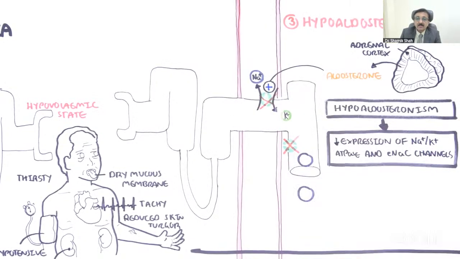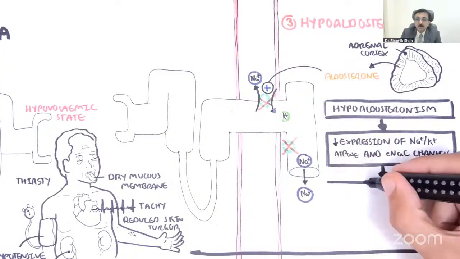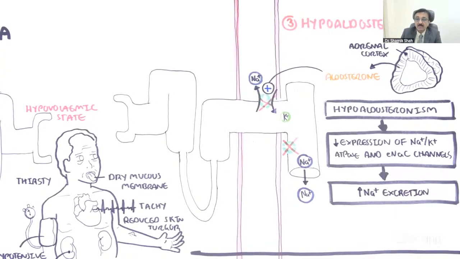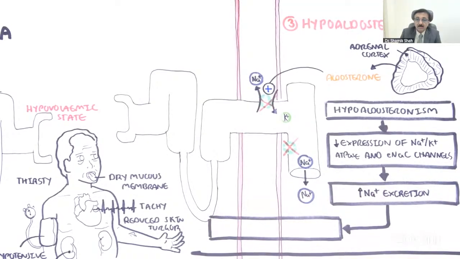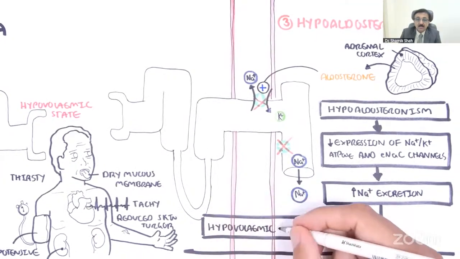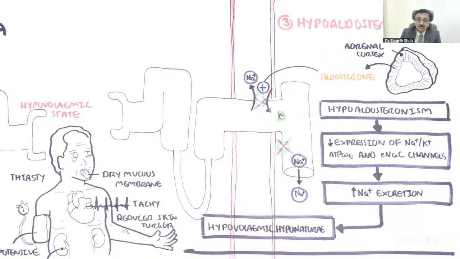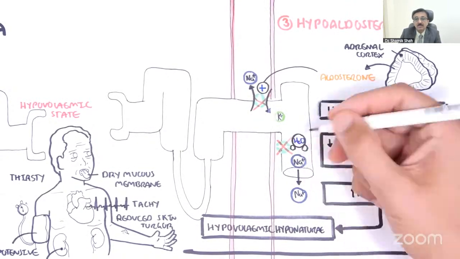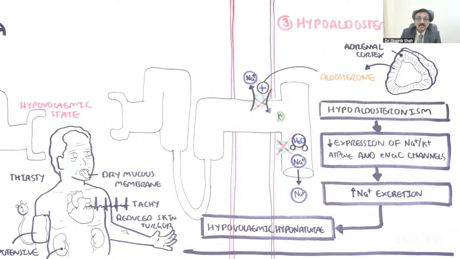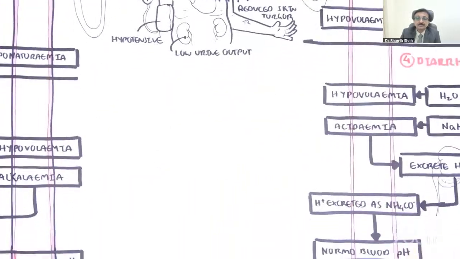When these are inhibited, there will be loss of sodium in the urine. So there will be loss of sodium, and at the same time, a loss of water also along with the sodium, because we know that water follows sodium, right? So the water will follow the sodium, and again these patients have hypovolemic hyponatremia.